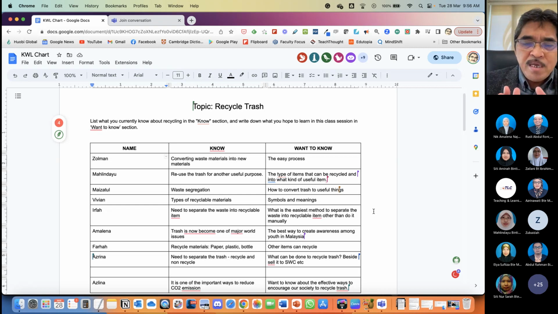Jadi saya rasa kita ambil peluang ini to tell them, don't hide behind the anonymous. Jangan berselindung di sebalik anonymous.